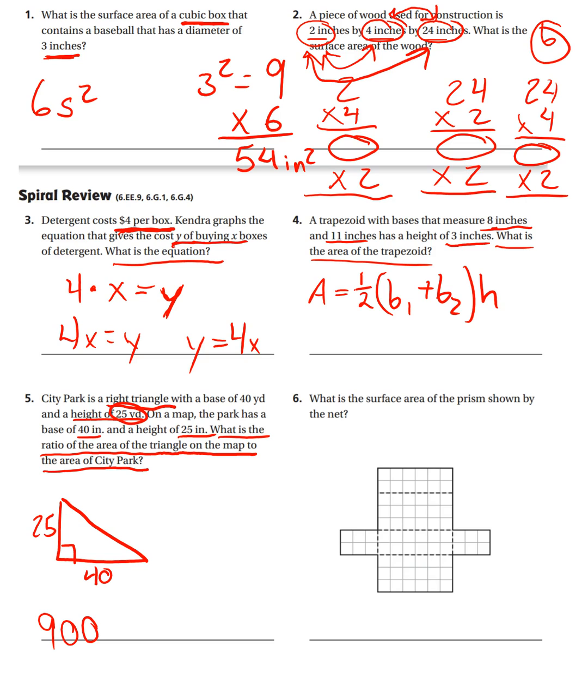By 40 yards, so that would be 40 times 3 to get it to feet, and then times 12 to get it to inches.